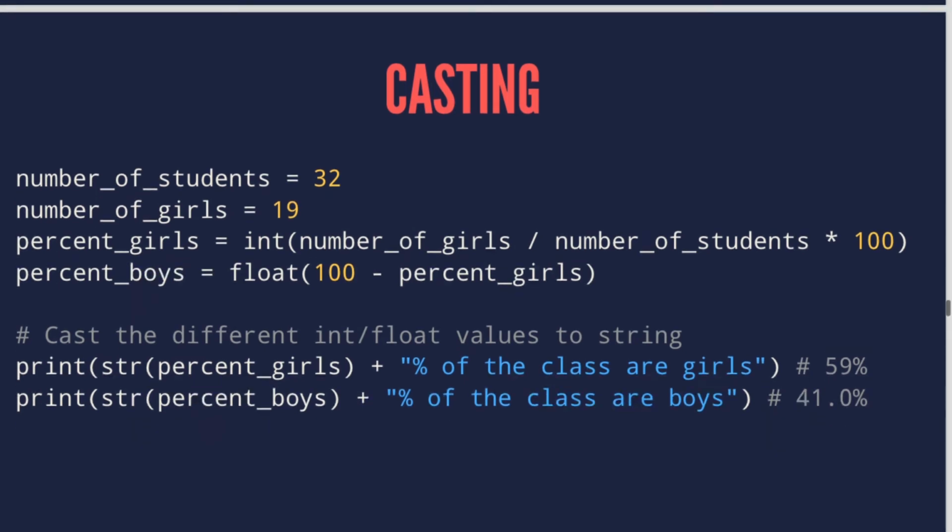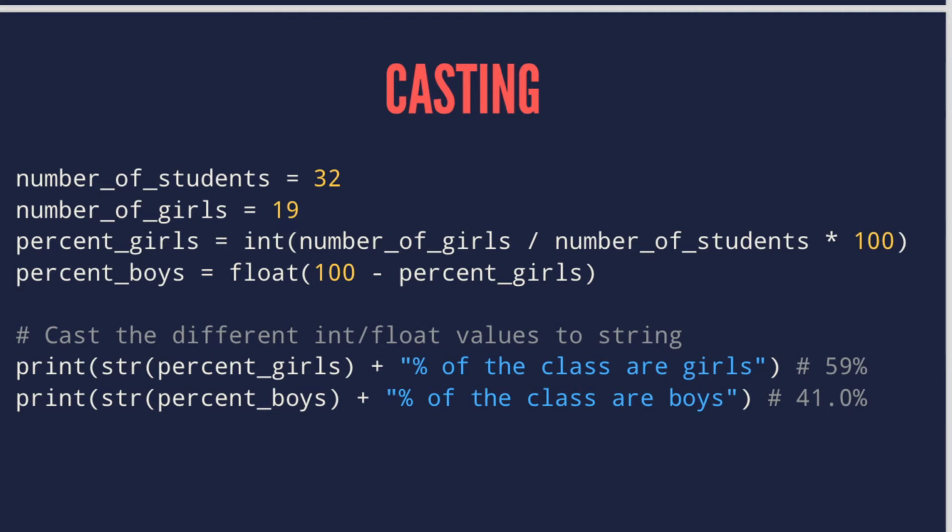So here's an example. So we've got the number of students as 32, the number of girls is 19, and to work out the percentage, it's going to be number of girls divided by number of students times by 100 as an integer, and then the percent of boys, we're going to have the float, and then 100 minus the percentage of girls.